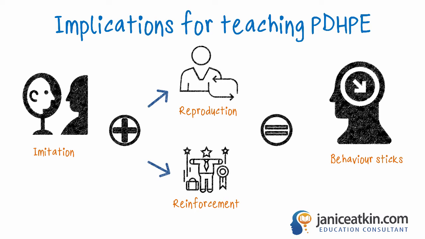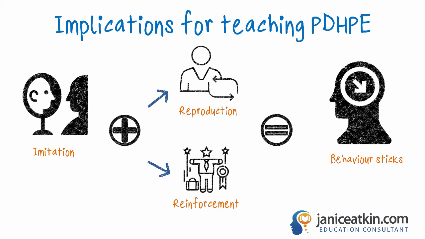But what are some other implications? So if we look particularly at the theory, imitation, reproduction and reinforcement help the behaviour to stick. So as teachers, we should provide multiple and frequent opportunities for students to imitate a positive behaviour and then practice that behaviour or action or skill in order to promote refinement and to ensure that learning sticks.